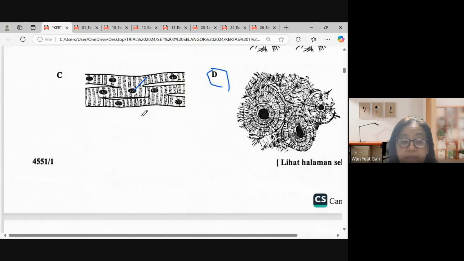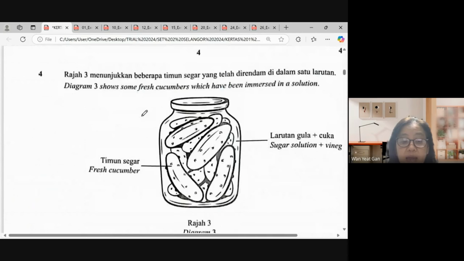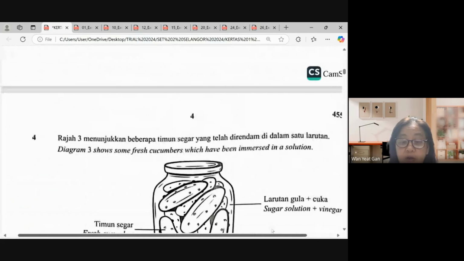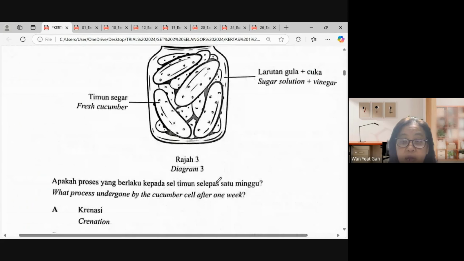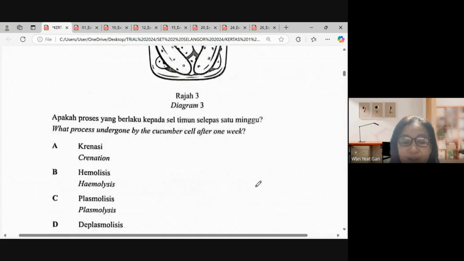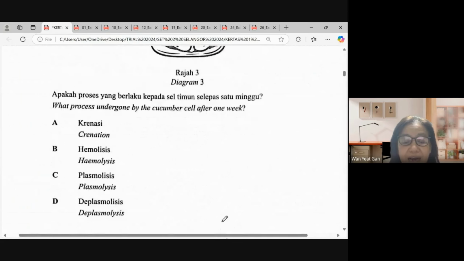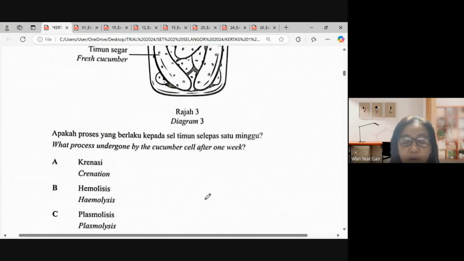Question 4. Diagram 3 shows fresh cucumber being immersed in a solution. So you have sugar solution and vinegar. Which process is undergone by the cucumber cell after 1 week? Now, sugar solution and vinegar, this is a method to carry out preservation.